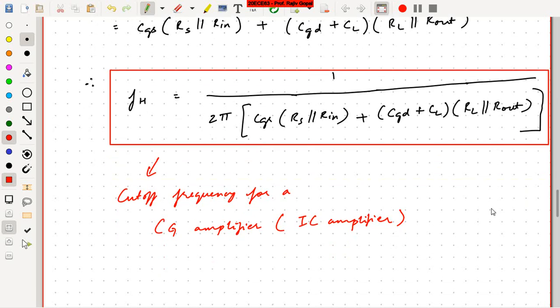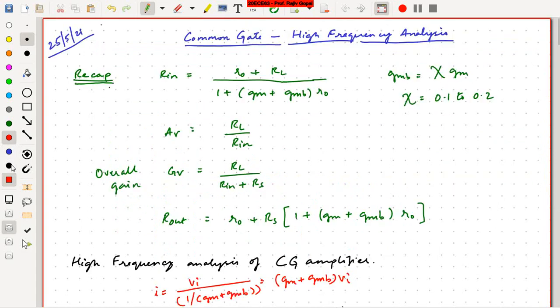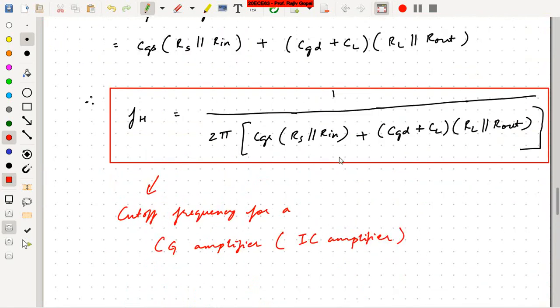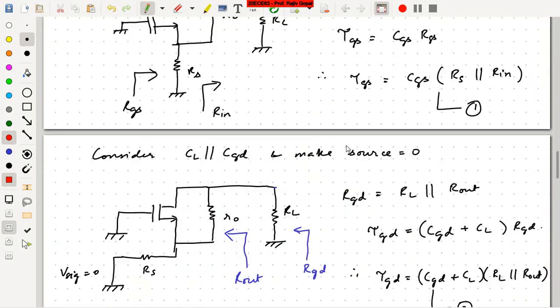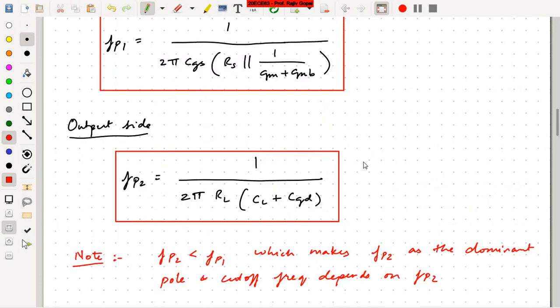In this, what the R in and R out values are, you can refer to these. Is this clear? If you consider this FH, which we derived now, and the FP1 and FP2 values seen earlier, not considering R0, then FP1 and FP2 will give you an approximate value, but not the exact value.